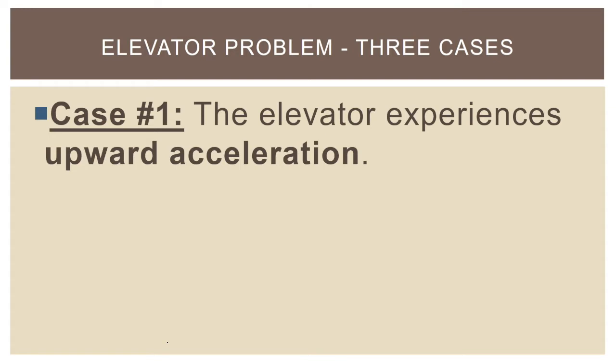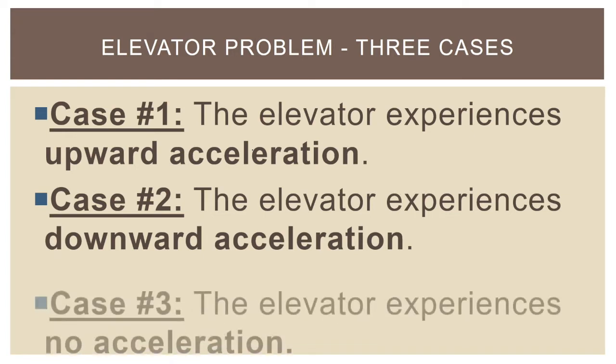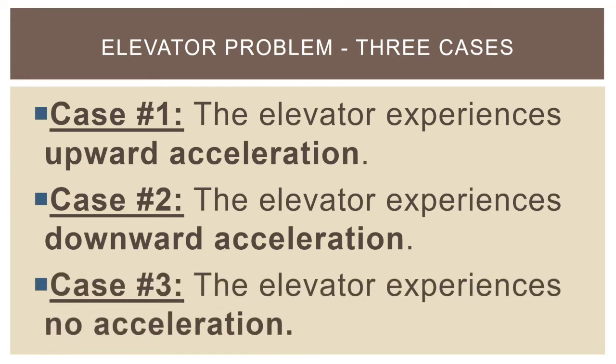Notice here, we are simply talking about the direction of the acceleration vector, not necessarily how the elevator itself is moving, but just the direction of the vector. So when the acceleration vector is upward, that falls under case one. Case two is when the elevator experiences downward acceleration. And case three is when the elevator experiences no acceleration. Take a second to pause this video and write that down, and when you hit play, we'll jump into case one.